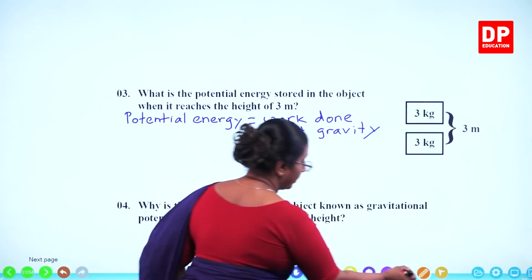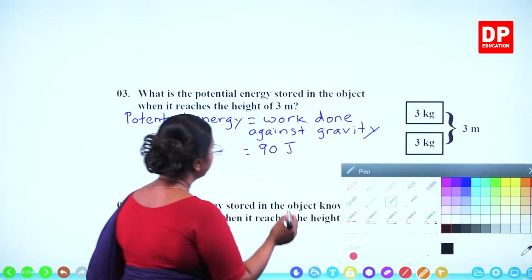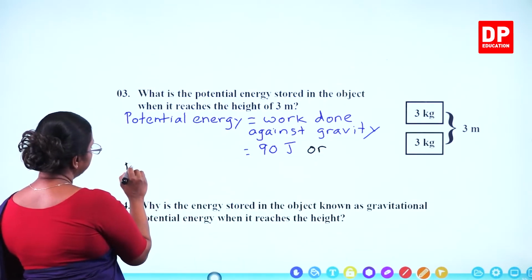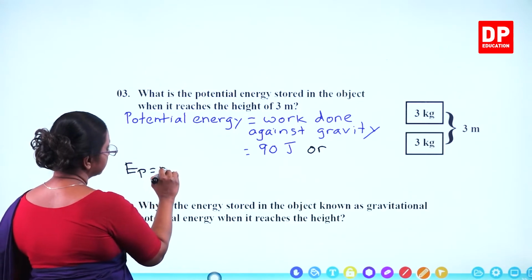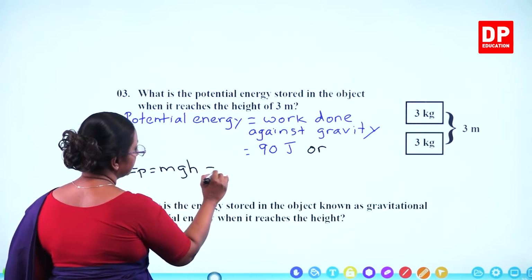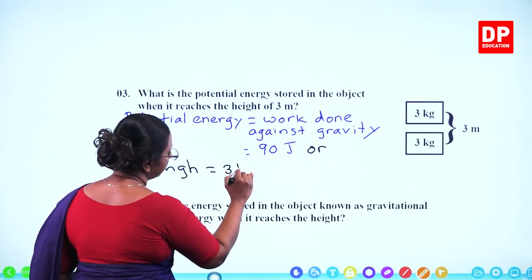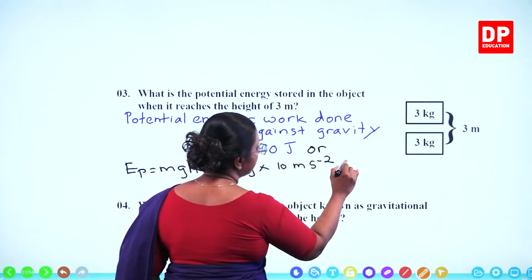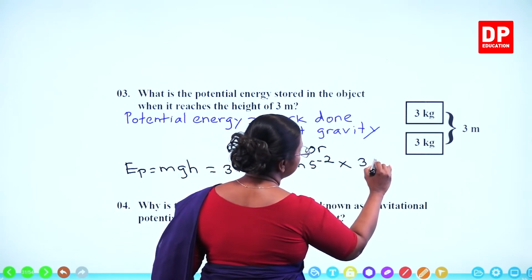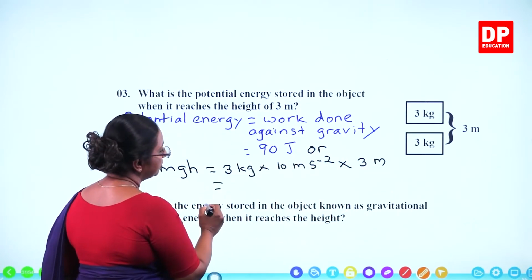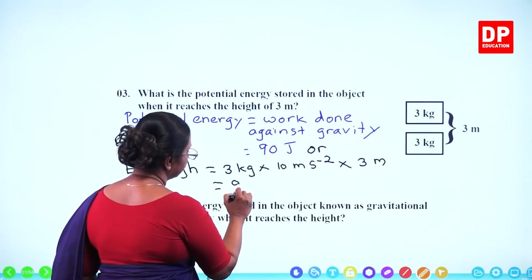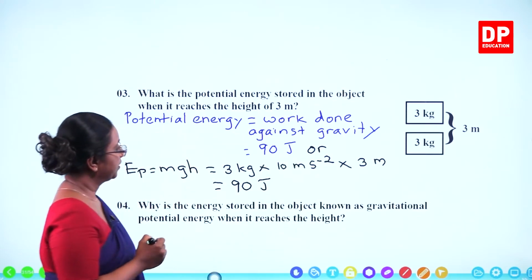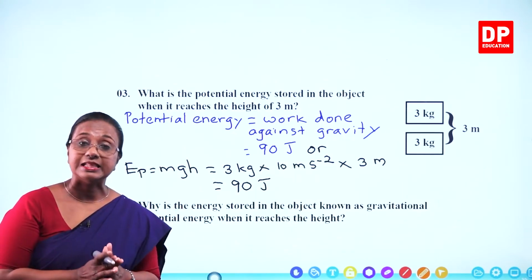Or else you can write it this way. Or you can say E potential equals mgh. There you know the mass, 3 kilogram, g 10 meters per second squared, and the height h 3 meters. So that also will give you the same answer. 3 into 3, 9 into 10, 90 joules. So either way, you will get the same answer.